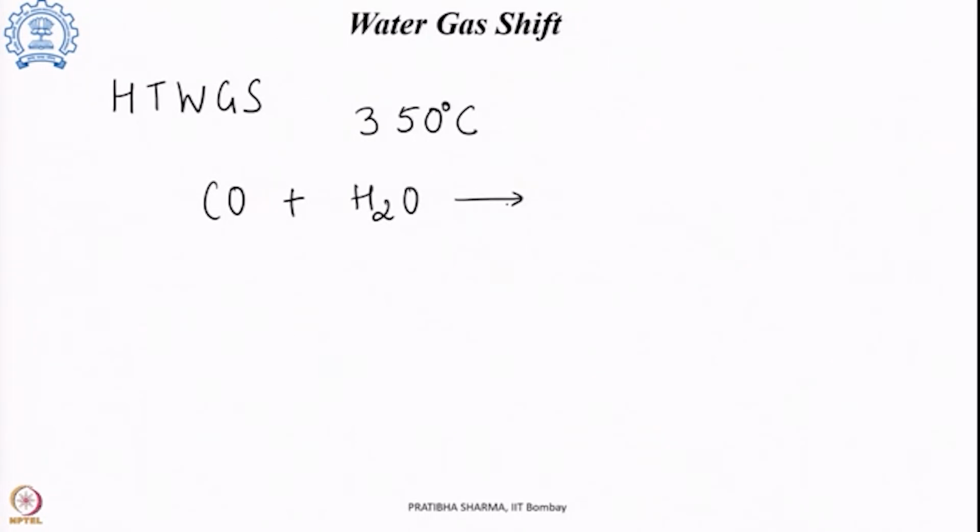The carbon monoxide reacts with steam to give carbon dioxide and hydrogen. The catalyst used is magnetite, an iron catalyst with chromia, and this reduces the carbon monoxide content, depending upon the feedstock.